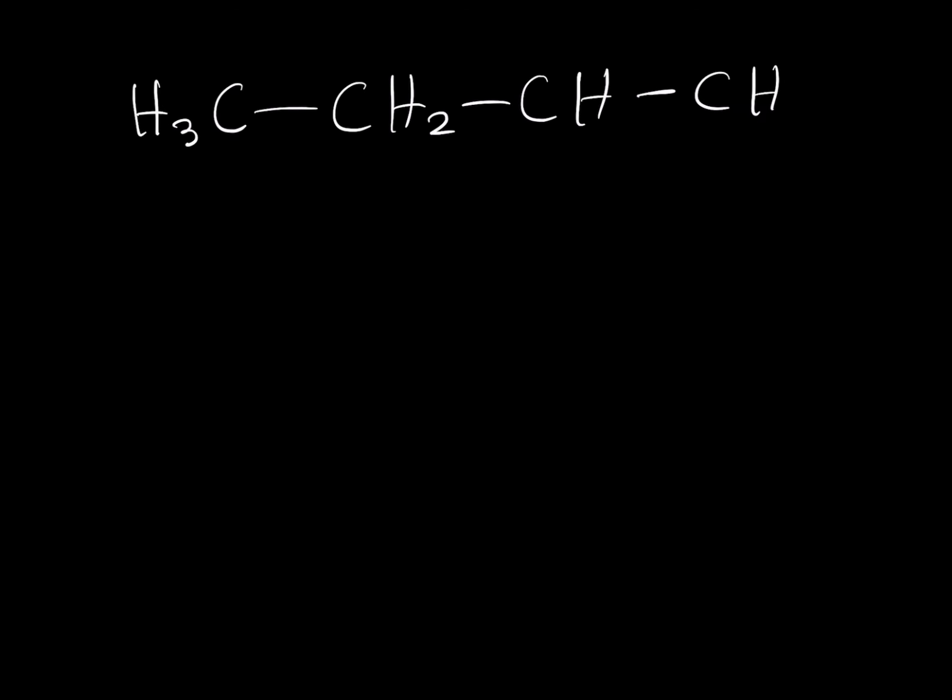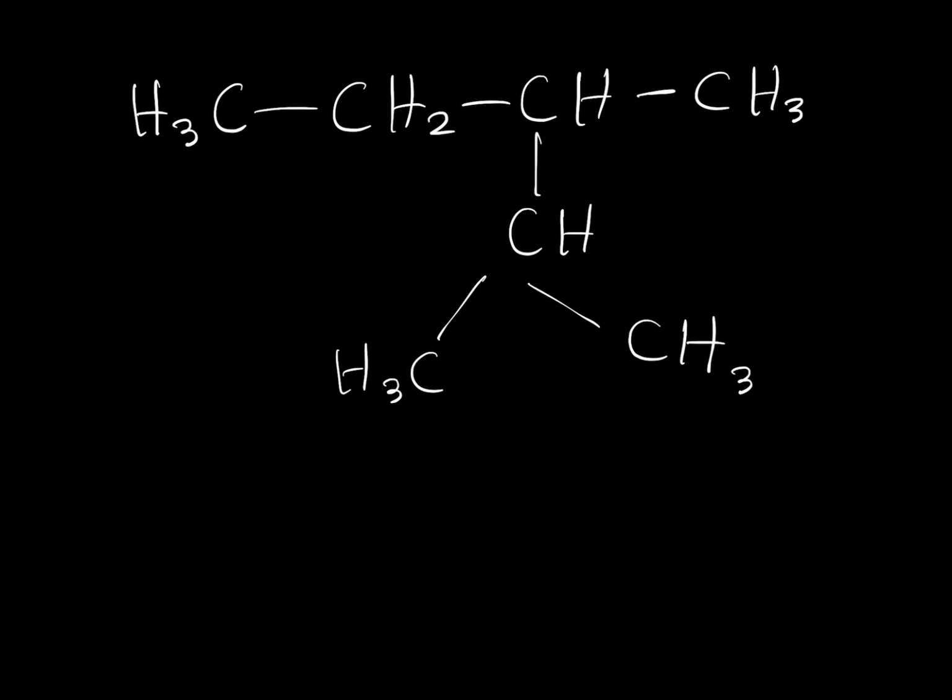Now let's take a look at a more complicated example. So H3C, CH2, CH, CH3, and then attached to that CH is something else. Finding the longest chain is a little bit complicated, but it's not too hard.